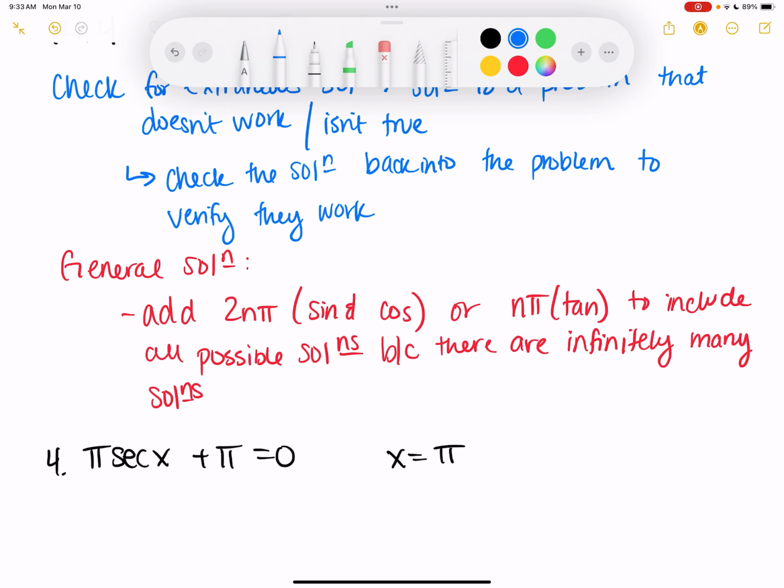Oh, secant is 1 over cosine. So what's 1 over the cosine of pi? Negative 1. Yep, 1 over negative 1, so that would be negative 1. So this is negative pi plus pi, so 0 equals 0, so that one is a solution.